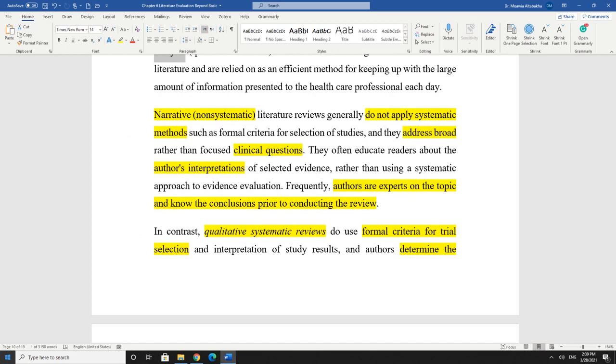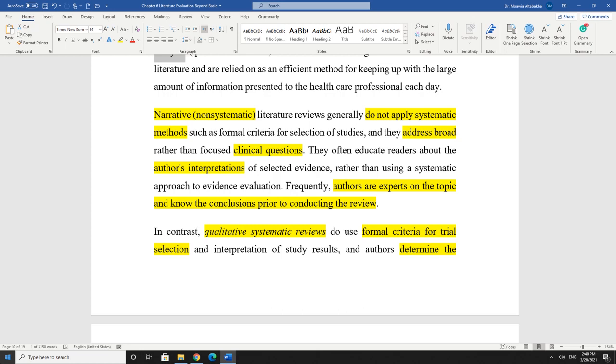For the narrative or non-systematic reviews, they do not apply a system, a way, an order by which the search is done and how it has been combined together, etc. And usually they try to address a broad, meaning wide, rather than a focused clinical question. Okay? Usually the authors are experts in the field and they know the conclusion and they have good knowledge about the field, so they want to write about it.